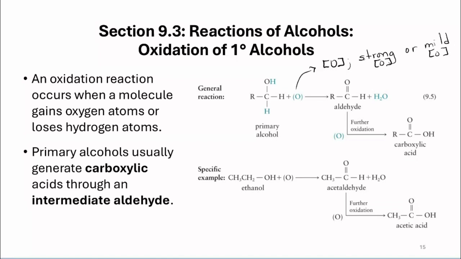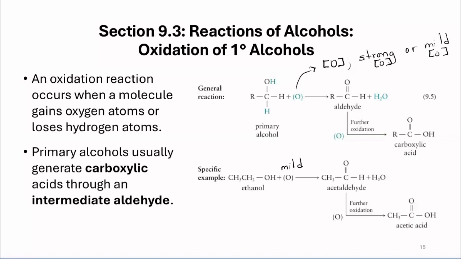Now, I'm going to do the labeling in the specific example that we have for ethanol. If I have an ethanol molecule and I want to make just the aldehyde, then I can expose my ethanol molecule to a mild oxidant and it will stop at the aldehyde.